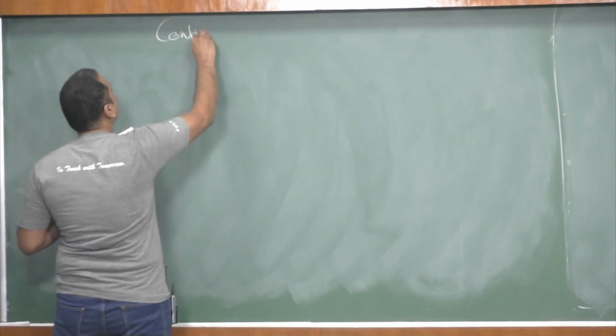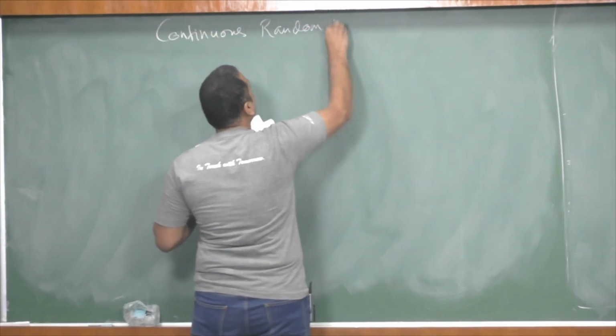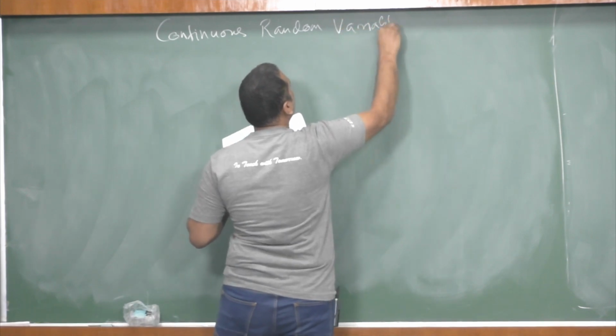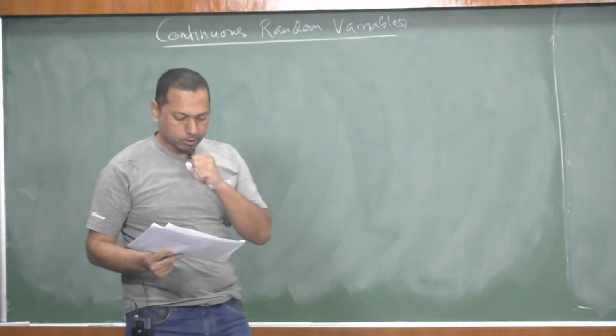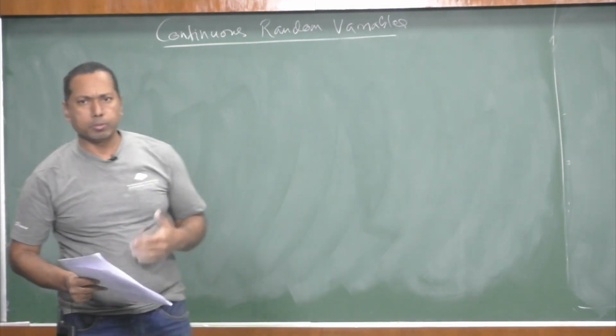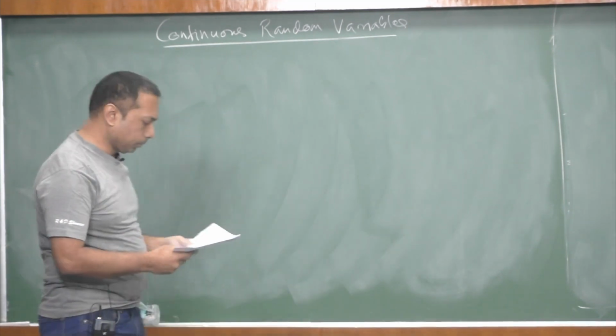So continuous random variable. As I said in previous classes, we will define a continuous random variable when the CDF of the random variable is continuous, right?